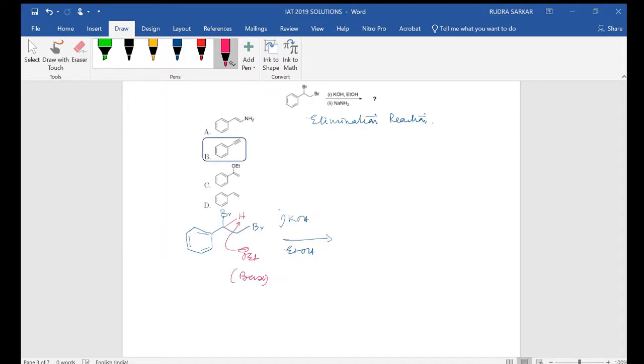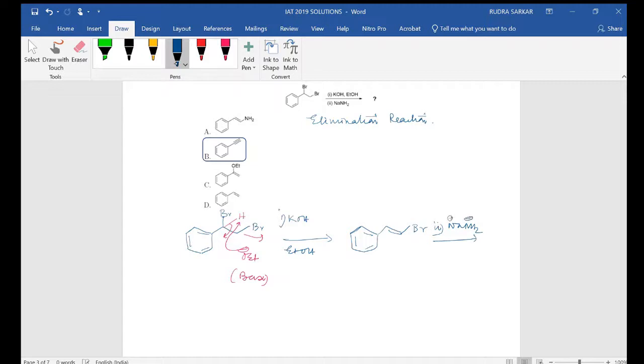Like that, and in the process elimination will take place, and that will lead to the formation of a trans type of alkene, something like that, which will undergo further elimination in presence of a stronger base called sodium amide.